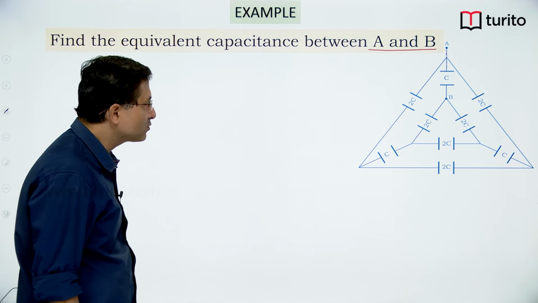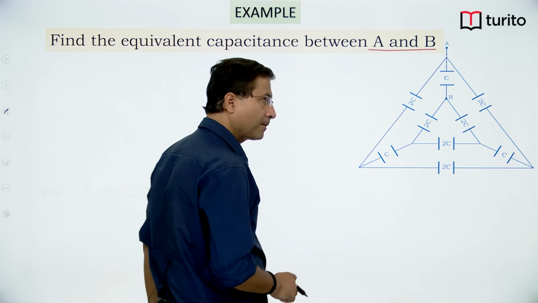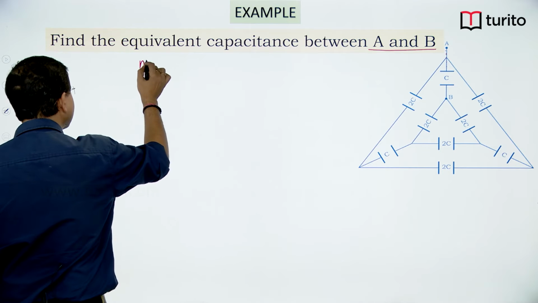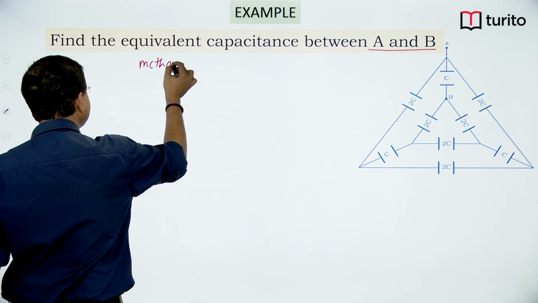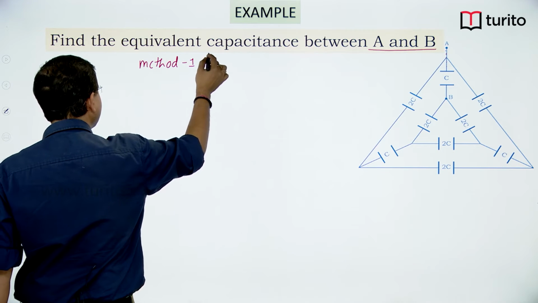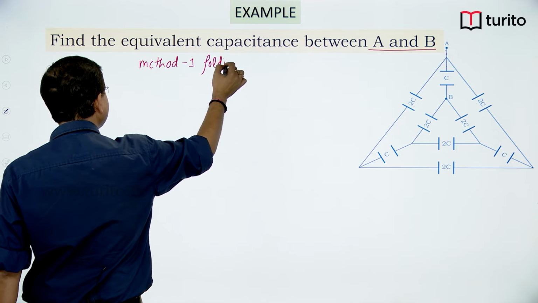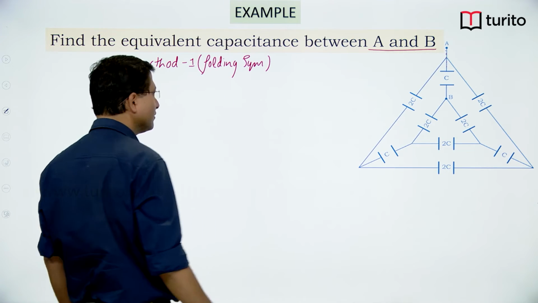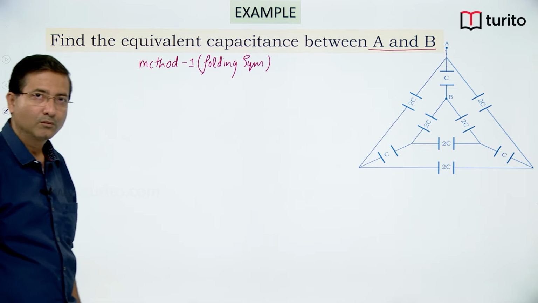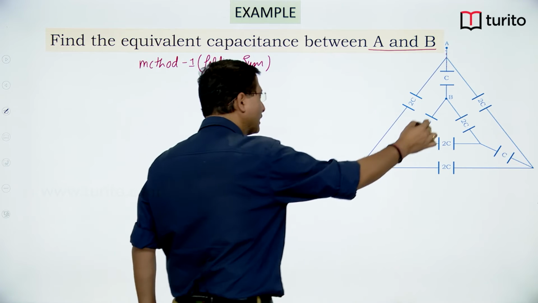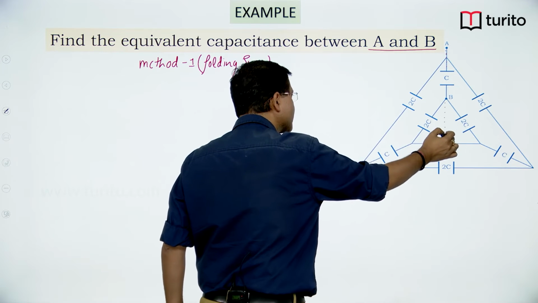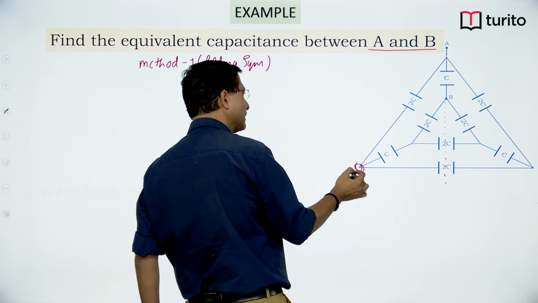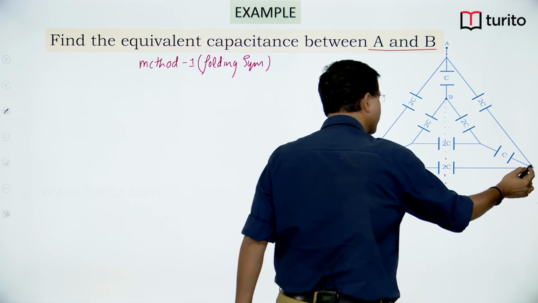If I try to solve this by folding symmetry, first I will try to solve it by folding symmetry. So method 1, folding symmetry. So as the circuit is symmetric about this line, the potential this side will be same as potential here.